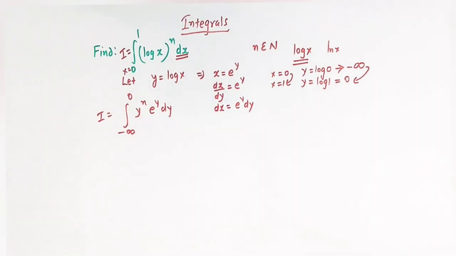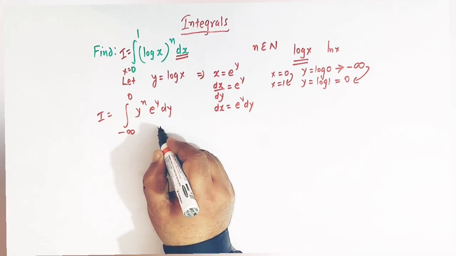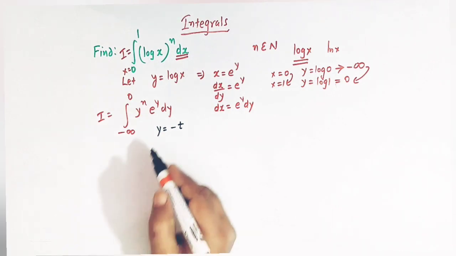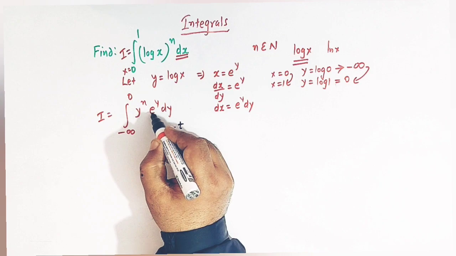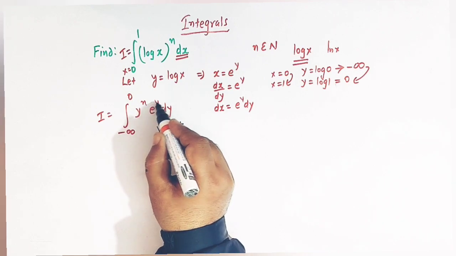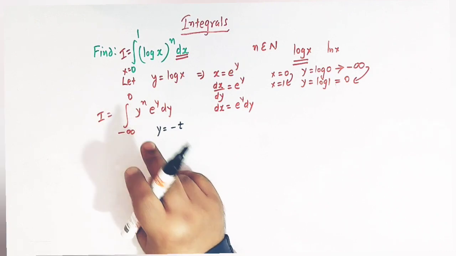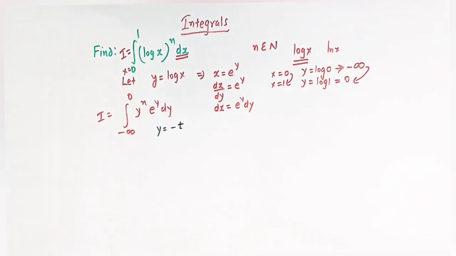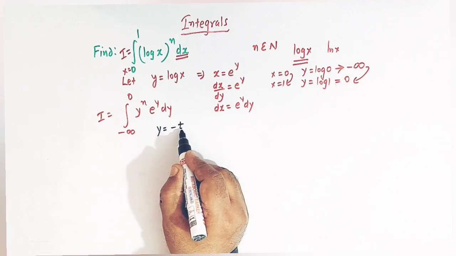So let us further substitute y is equal to minus t, so that we have e raised to minus t. Why are we making this substitution? Because we want to convert this integral into a gamma function, so we take y is equal to minus t.